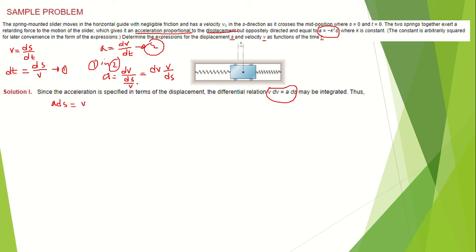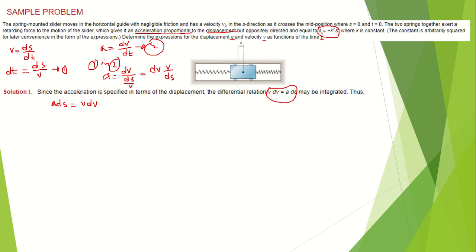Just rearranging, you can write v first before dv. We just interchange the position. So this is where this is taken from.